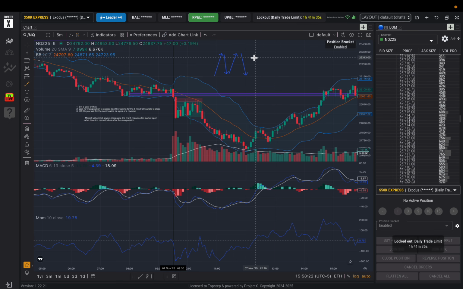right? Let's say that. So the candles right here symbolize the first 5 minutes. When the market finishes manipulating, moving up and down, what happens is that the market slowly moves down.